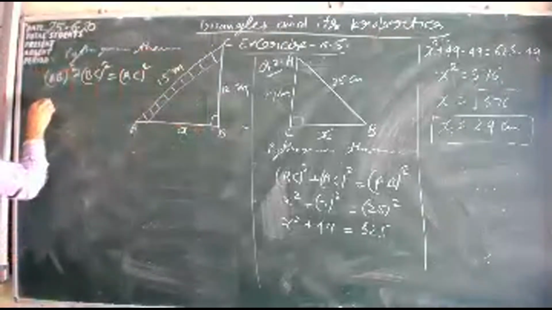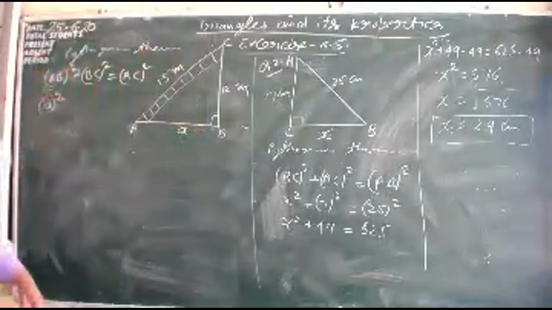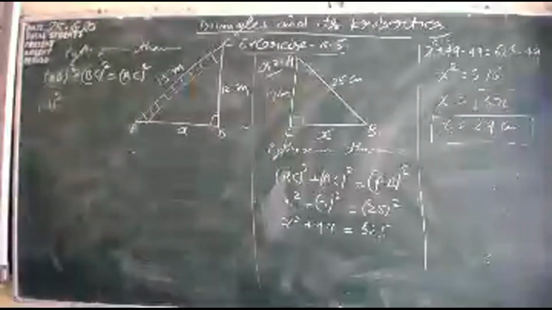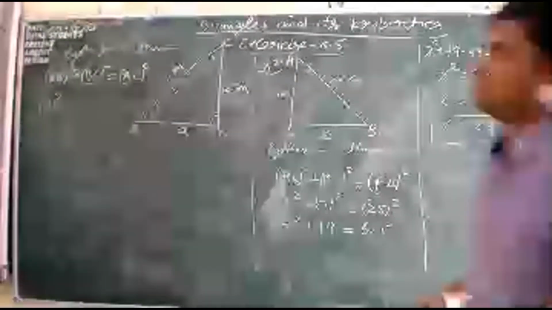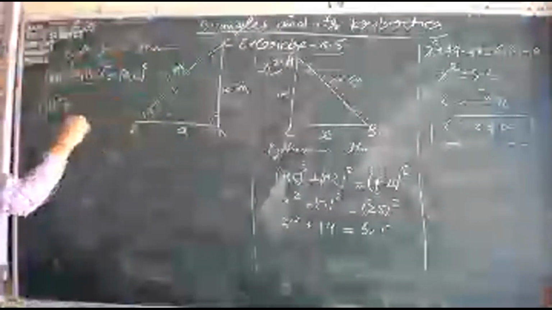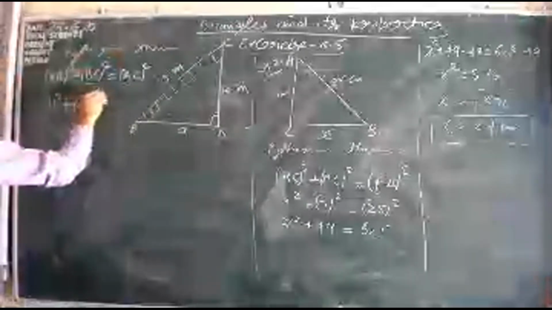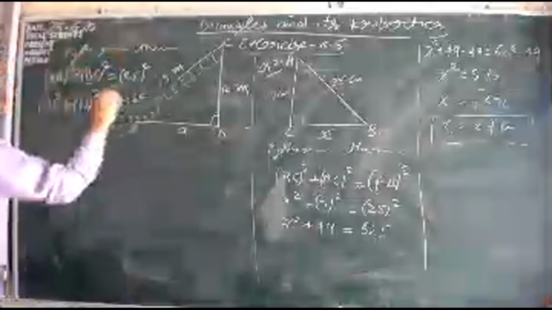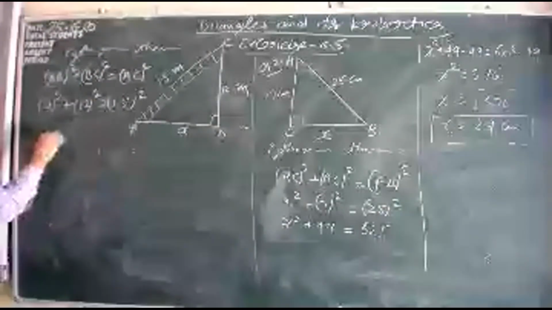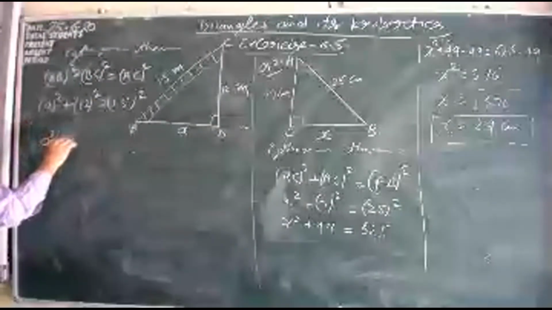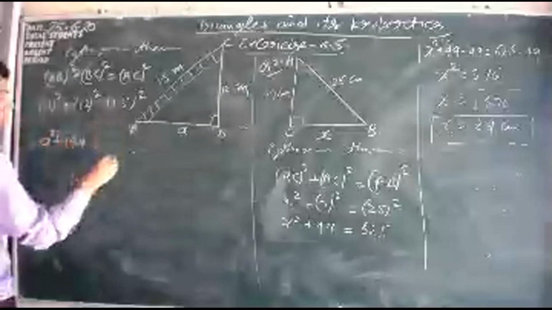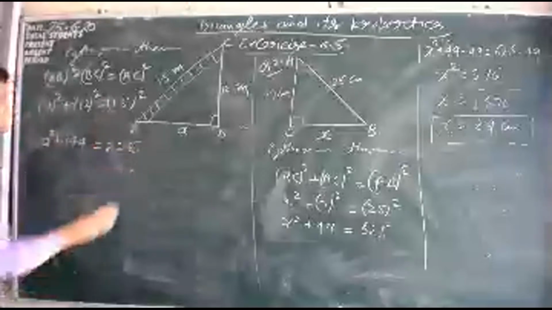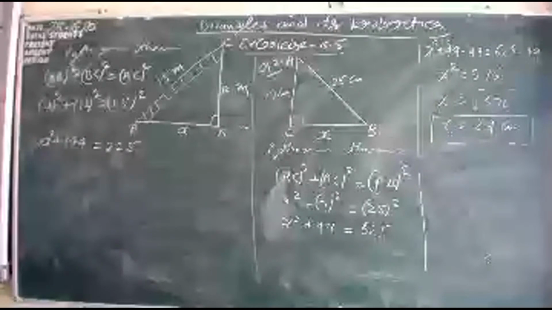AB is equal to A, BC is equal to 12 and AC is equal to 15. Okay, A square plus 12 square is equal to 15 square. 12 square is 144, 15 square is 225.